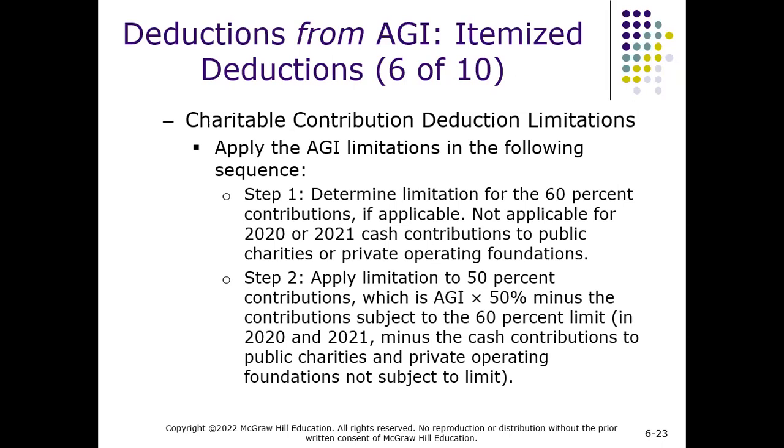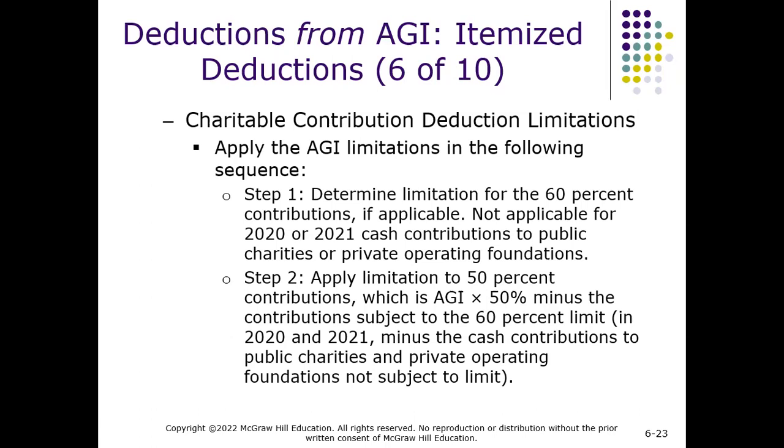So for instance, if your taxpayer deducts cash to a private operating or public charity, generally in 2020 and 2021, there were no AGI limits, but generally it's 60% of AGI that can be deducted.